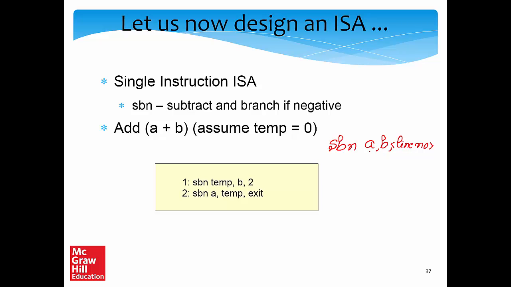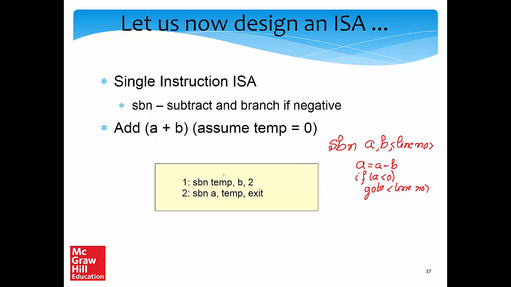It essentially subtracts b from a, so it computes a = a - b. And if the result is negative, it will go to the line number that is mentioned over here. Otherwise, the program will go to the next instruction.